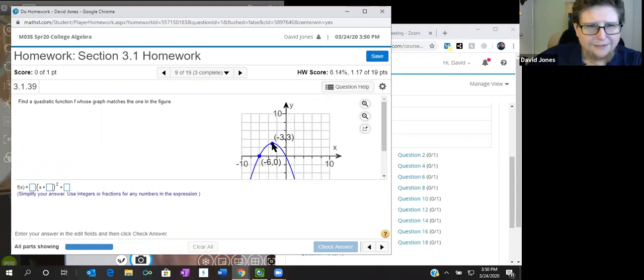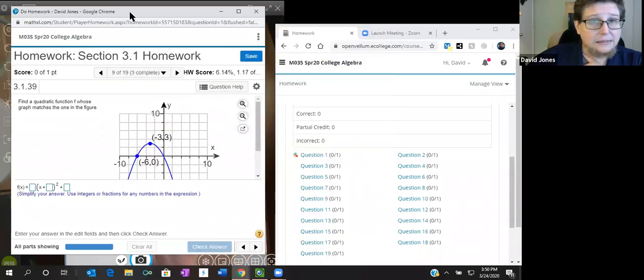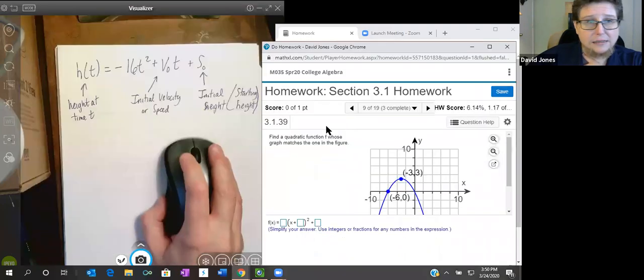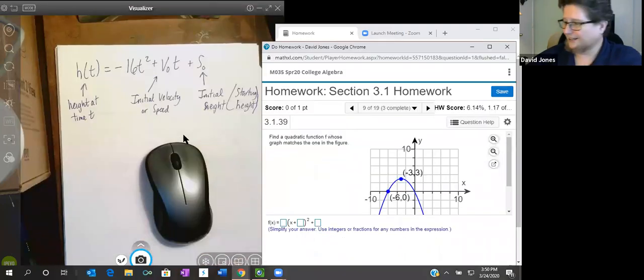It looks like the vertex is at -3, 3. That's my h, k.